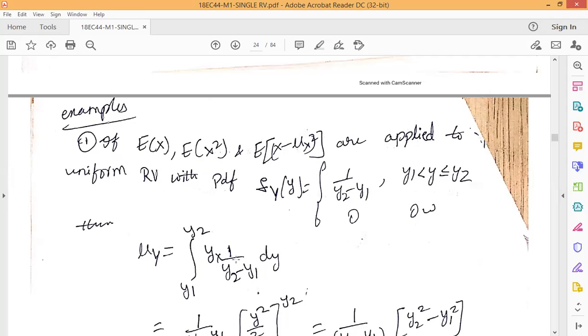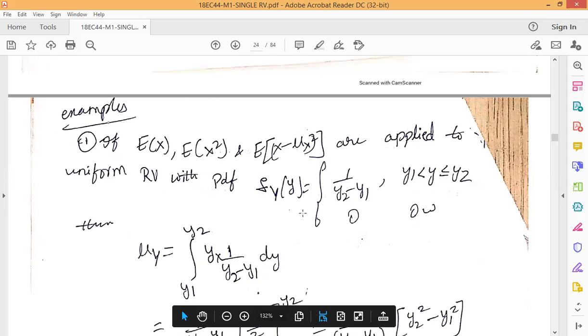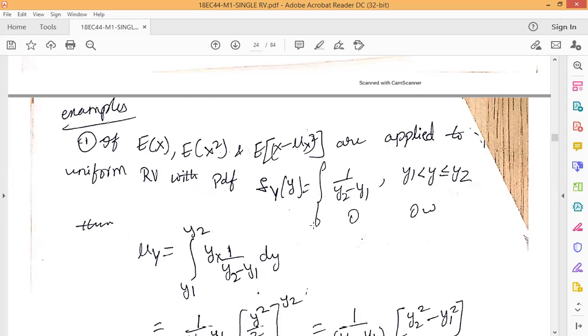If you are given this PDF, how do you calculate the expectation of the random variable about the origin, the square of the random variable about the origin, and the square of the random variable about the mean? Here we'll see how to calculate this.